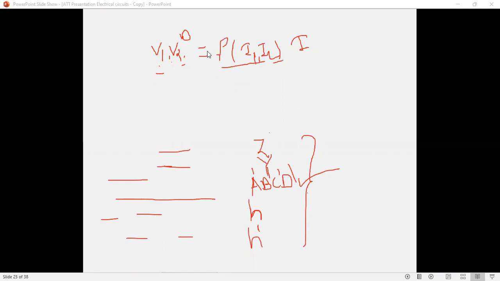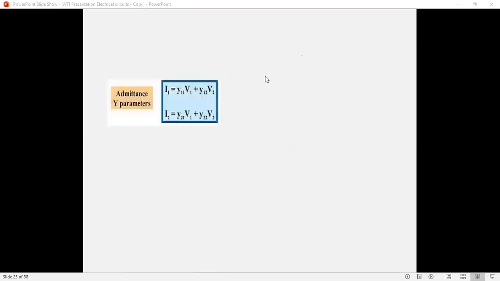Now the next one is the Y parameter. It is also called the short circuit parameter, or the short circuit admittance parameter. Now see the admittance parameter, or Y parameter.